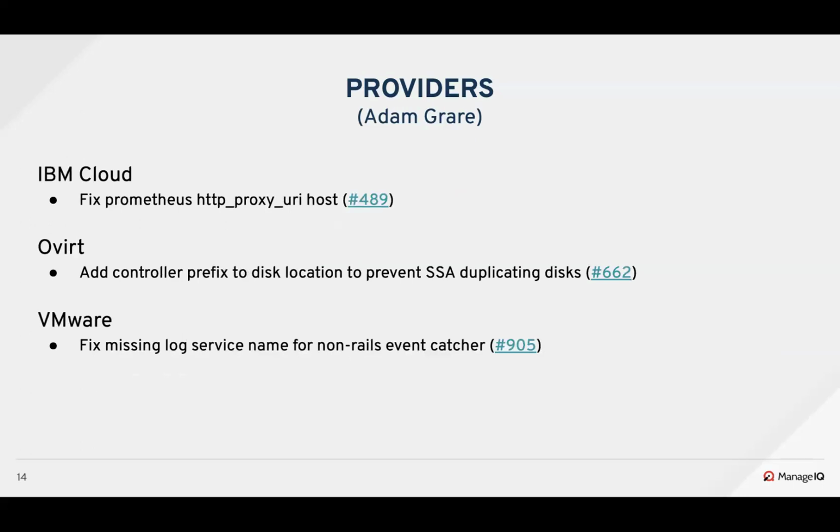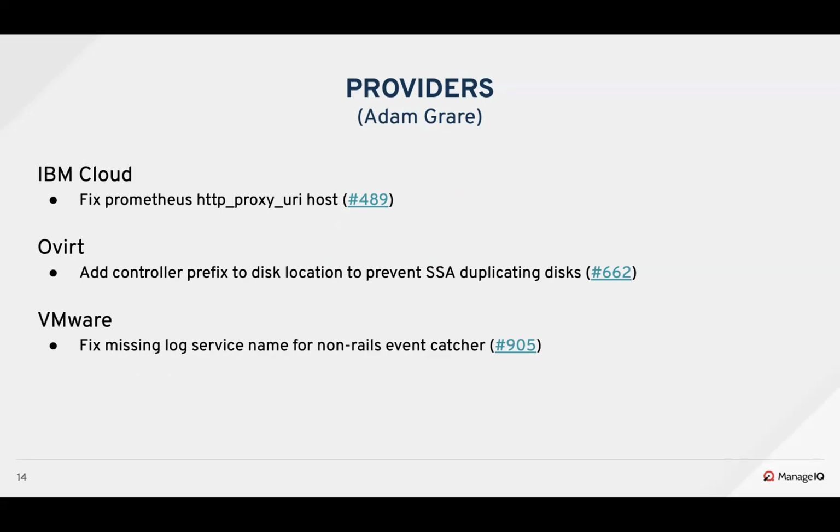For IBM Cloud, they override the method that Prometheus used. So we also fixed that in IBM Cloud to make sure that it didn't have the same problem as Kubernetes and OpenShift. For oVirt, Nasser added a controller prefix, sorry, to the disk location.